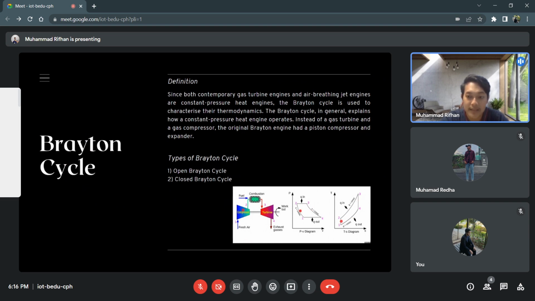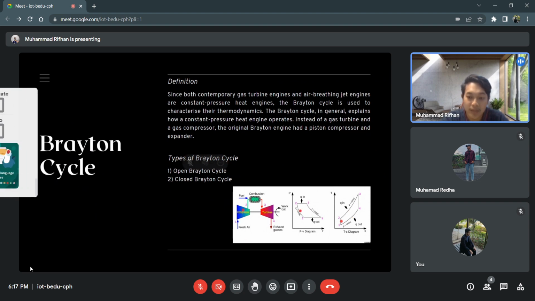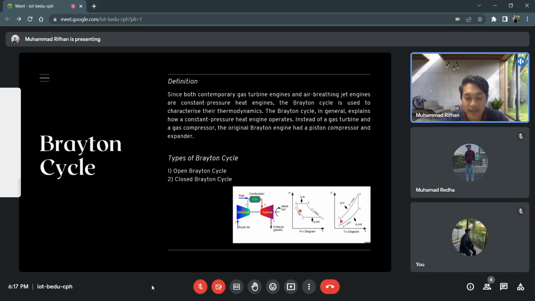Instead of a gas turbine and a gas compressor, the original Brayton engine had a piston compressor and expander. So there are two types of Brayton cycle, which are open Brayton cycle and closed Brayton cycle. So the GIF below shows the PV diagram, the TS diagram, and the Brayton cycle itself.